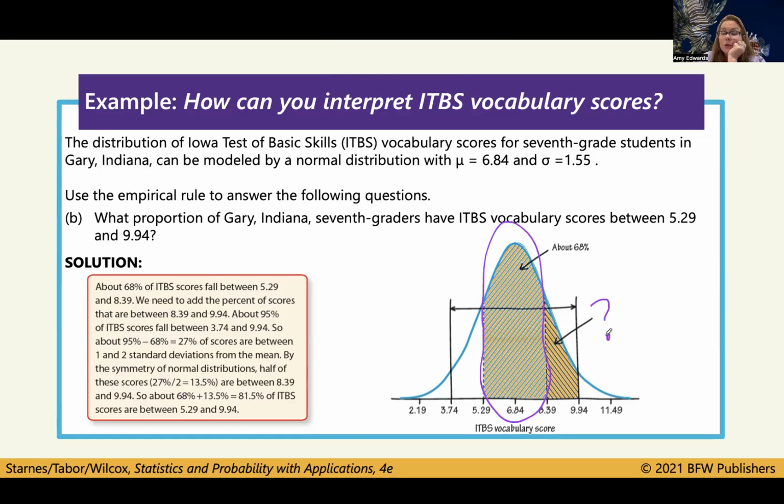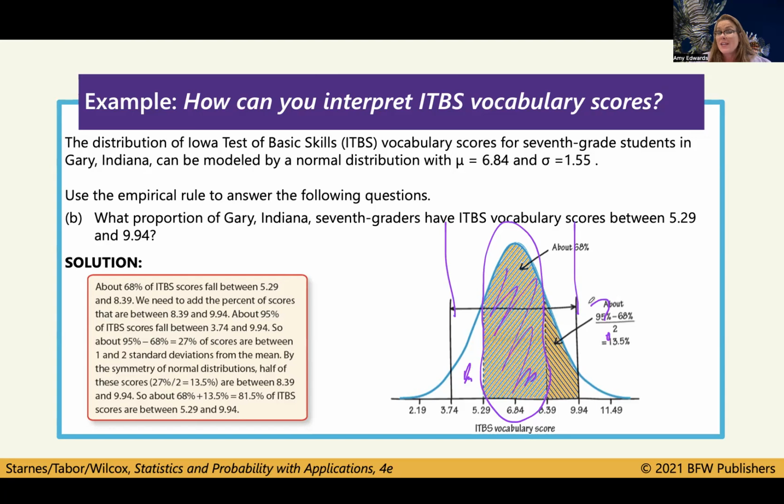So here's what we're going to do. We are going to look at from here to here. I know this is 95%. I know for a fact this is 95%. But that includes this section right here. I know for a fact this middle is 68%.